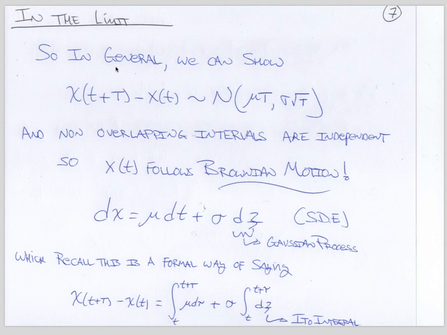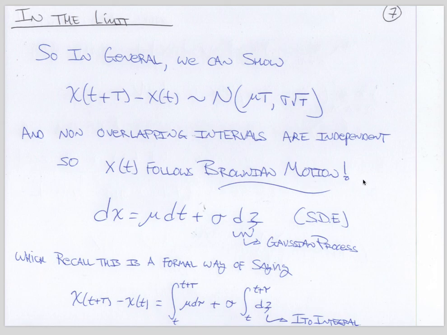And then in the limit, we can show that in general, any differential can be written as a normal distribution. And non-overlapping intervals are independent, because if they're non-overlapping intervals, there'll be non-overlapping sums of Bernoulli random variables, so therefore they will be independent. And then, of course, assuming x of 0 is equal to 0 with probability 1, you can show it's also stationary, with stationary increments.